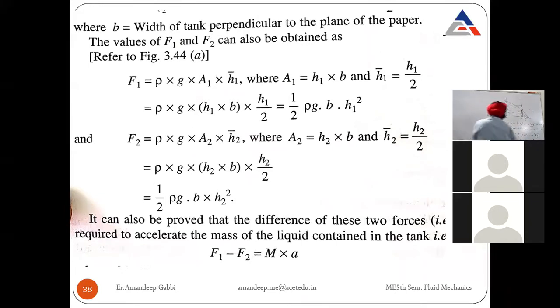This is the formula for calculation of forces at the front end and the rear end. And MA is equal to F1 minus F2. You can use this also.